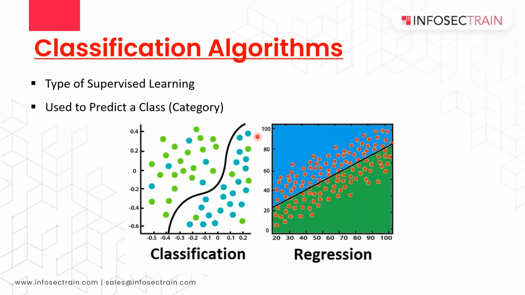In real life you will find that a few blue data points, as well as a few green ones, are in this particular region. Also, here you will find that most of the data points are green, and here most of the data points are blue.